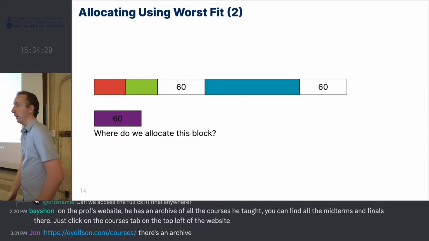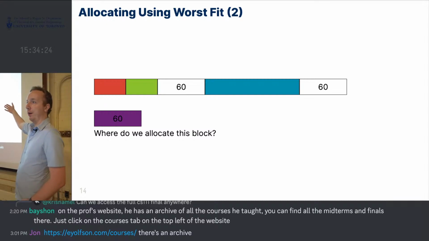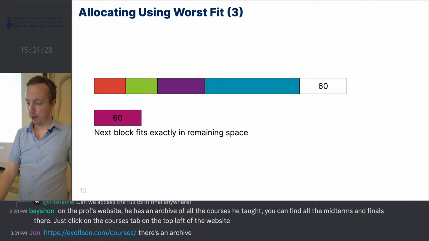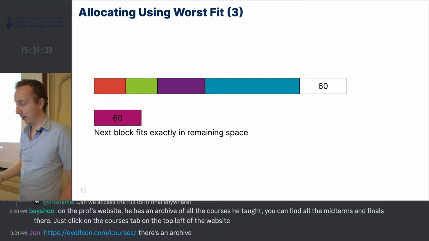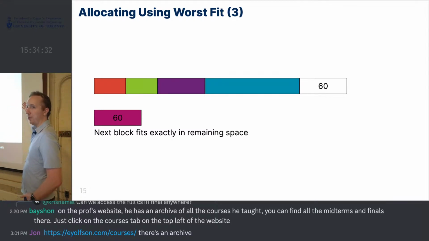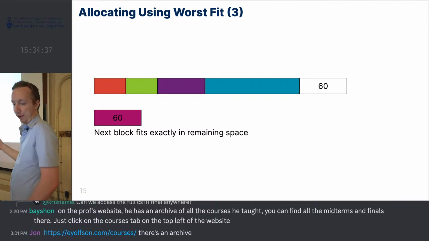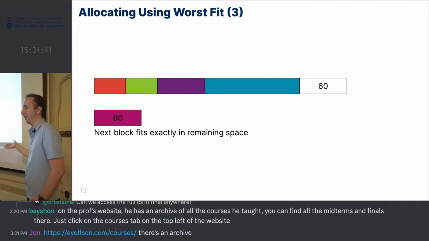Now if I have an allocation for purple of 60, I have two 60 free elements, so I don't care which one. I can put it in either one. And now if I have the last allocation of size 60, guess what? Now it fits. So now everything fits. In this case, worst fit was actually the best algorithm, which is fun.